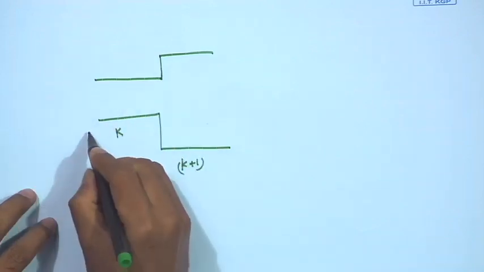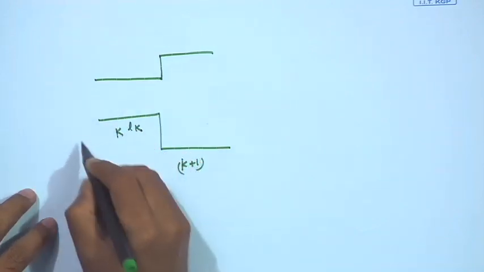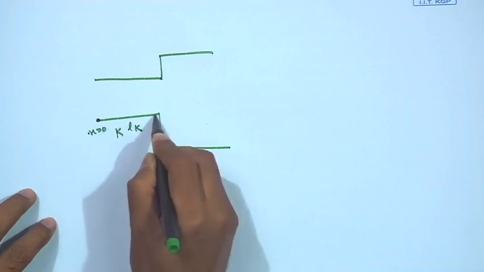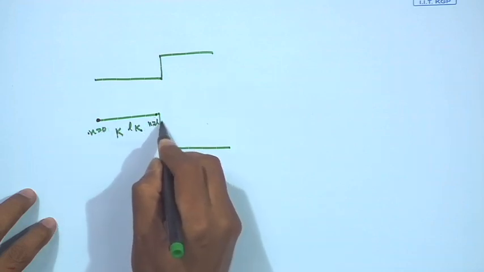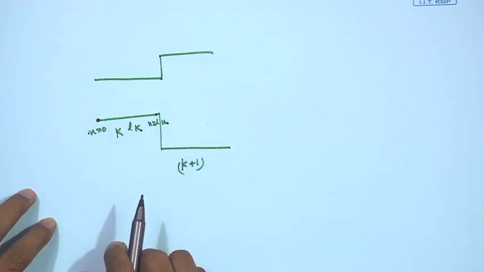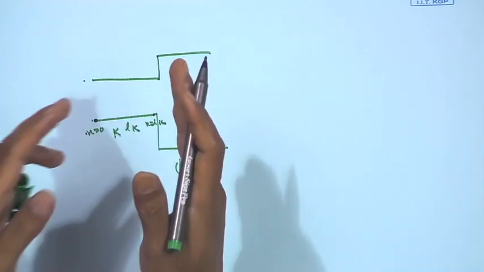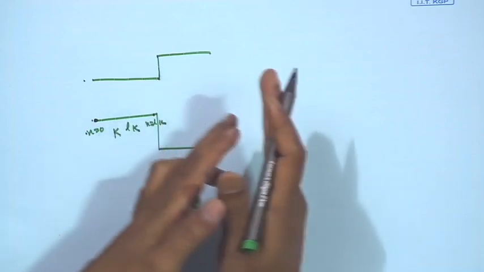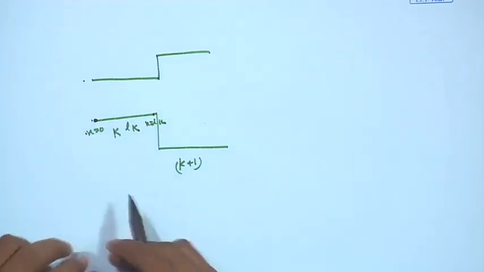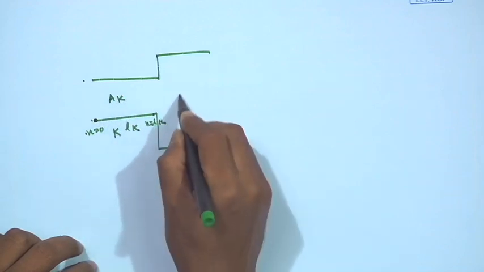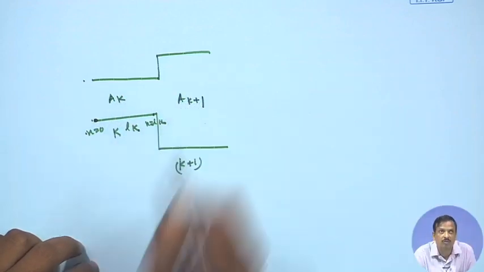If the length is L K, then this is the beginning of the kth tube, x equal to 0, and here it is x equal to L K. Okay. Here will be another junction. So, let us solve for a single junction; this will be replicated at every junction. The cross sectional area of this tube is A K, and of this tube is A K plus 1.